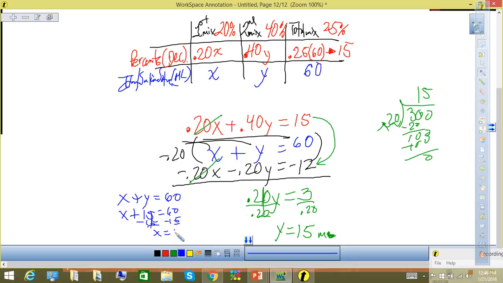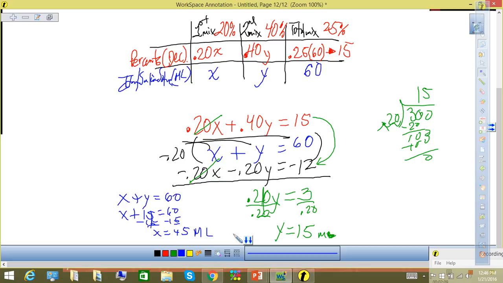X equals 45 what? Milliliters. Now keep your percentages and your milliliters organized, because in order for you to write your answer, which has to be in sentence form, you need to match up the milliliters that correspond to the percentage mixture.